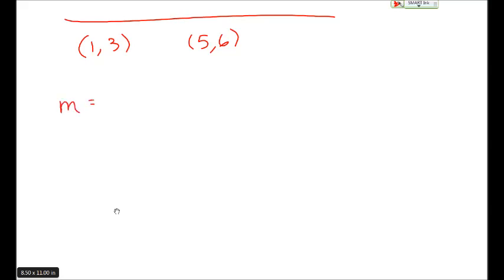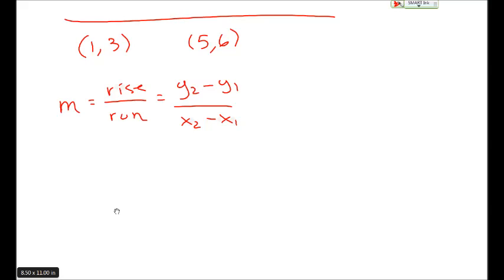So draw a line below that. I want you now to find the slope between the same 2 points we used before, so the point 1, 3 and the point 5, 6. Well, again, the slope is equal to the rise over the run, or y2 minus y1 over x2 minus x1. Now, this one, you have to make sure you're precise about which one's x1 and y1 and x2 and y2.